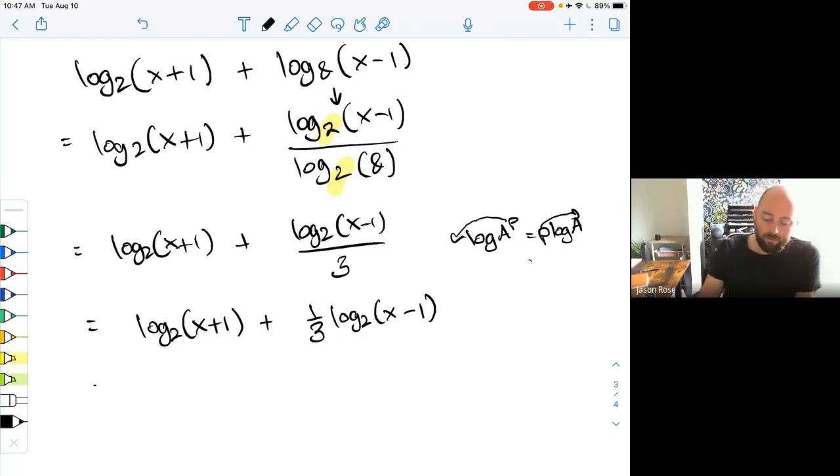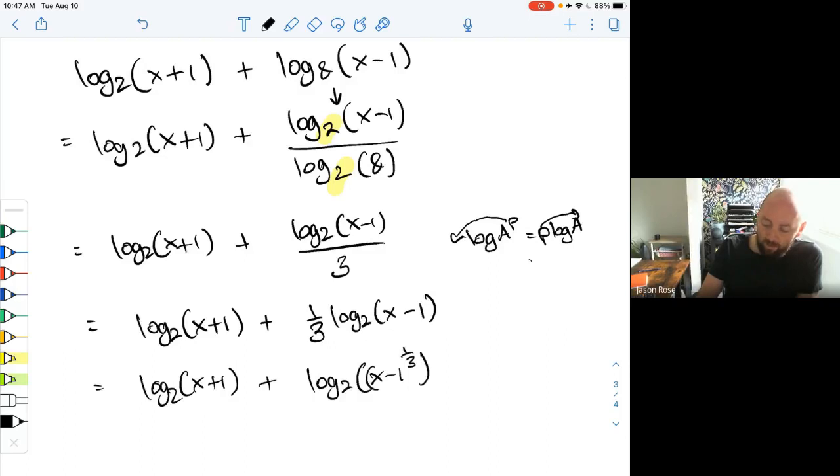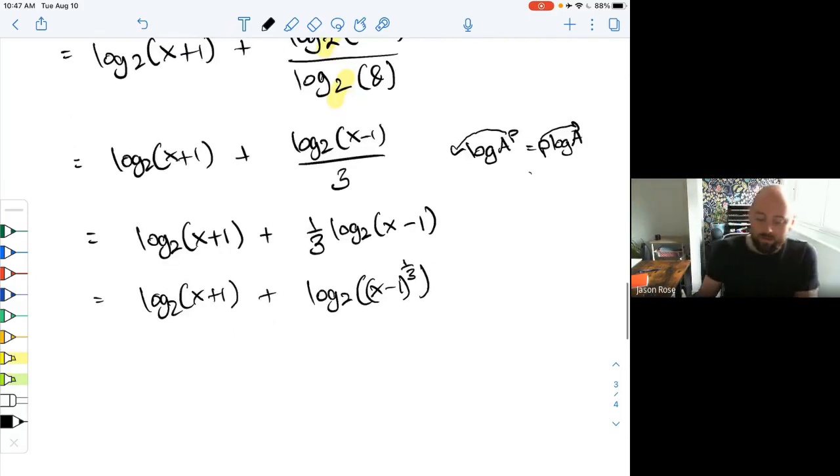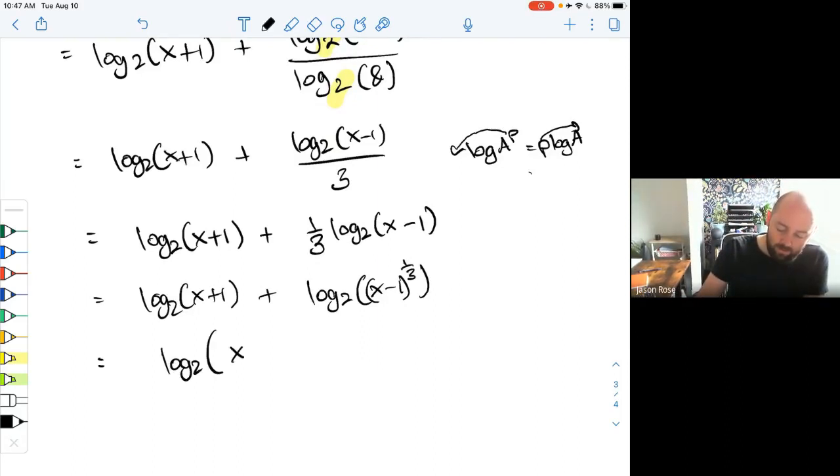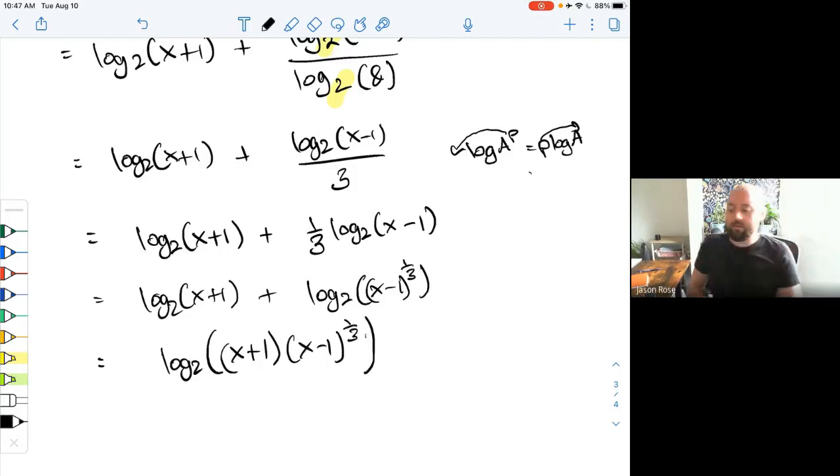So what we want to do is move that power up. Now we can apply the log law. Now we can say, oh, well, this is that, and we're finished. It's now written as a single log expression.